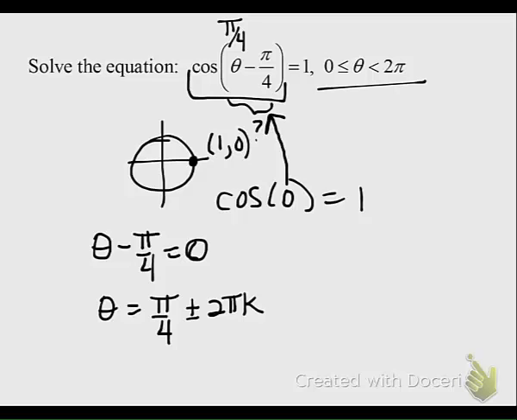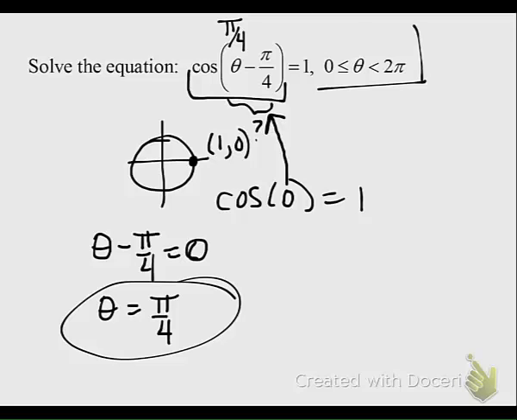This is the only one that works. So theta equals pi over 4 is the answer. When it gives a set interval and it just says solve, you give a number. If it doesn't give an interval, if that's missing, then you give the general formula plus the 2 pi k.